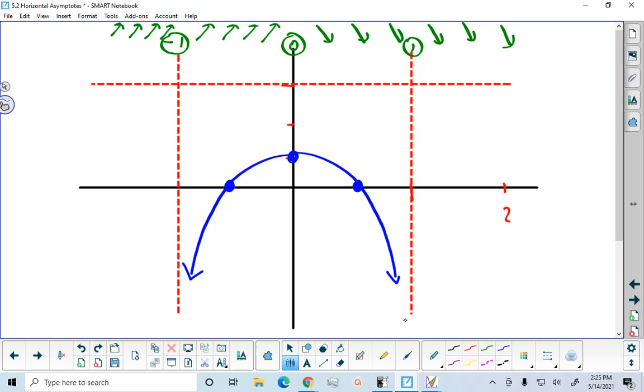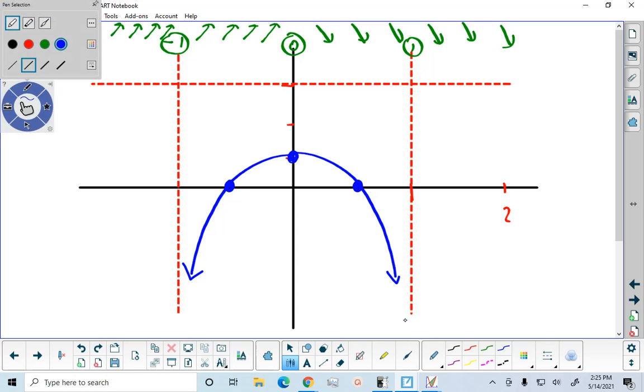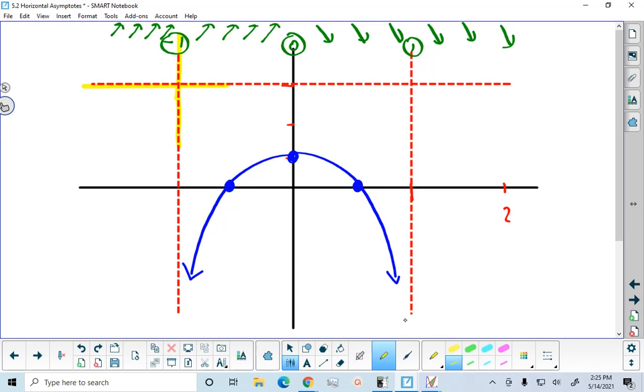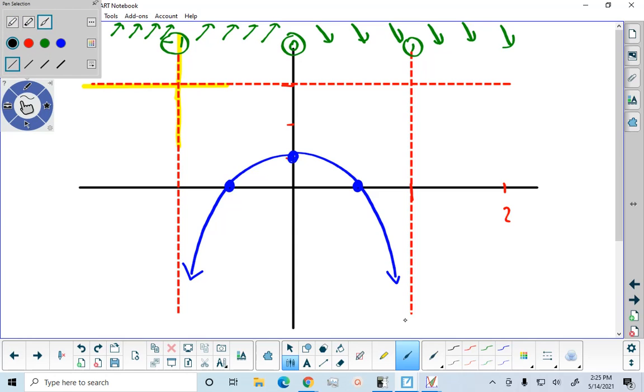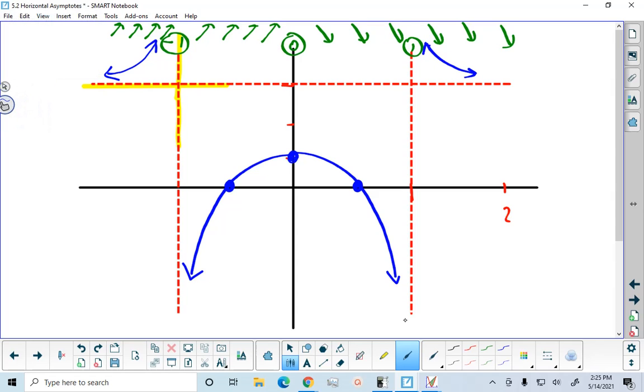The only way these two lines can be asymptotes, the only way the graph can be increasing in this interval and be asymptotic to both of these highlighted asymptotes is if the graph looks like that. And left to right, the function is going up. And the only way it can happen here is that.